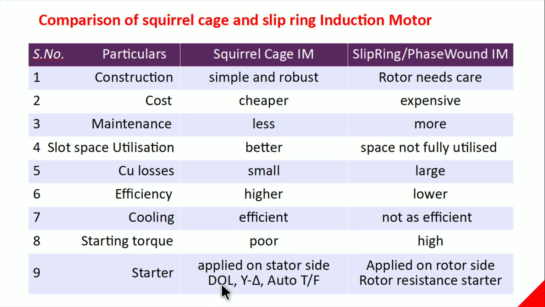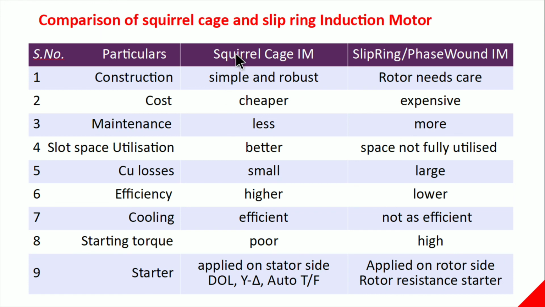They are named direct online starter, star delta starter, and auto transformer starter. The starter used to start the three-phase slip ring induction motor is on the rotor side, and that is called the rotor resistance starter. This starter serves two purposes. One is that it controls the starting current, and the other is that it improves the starting torque.